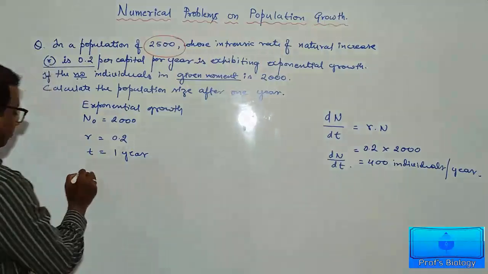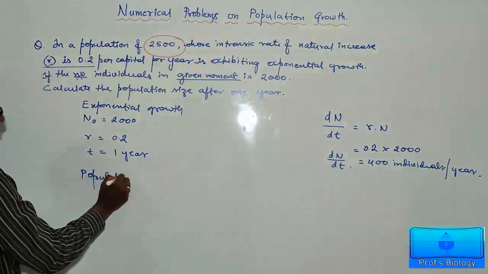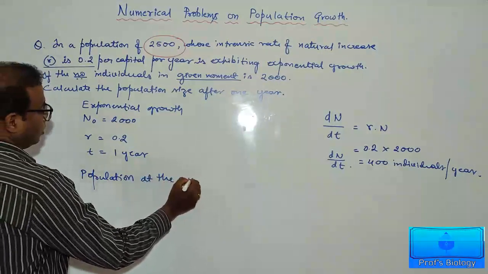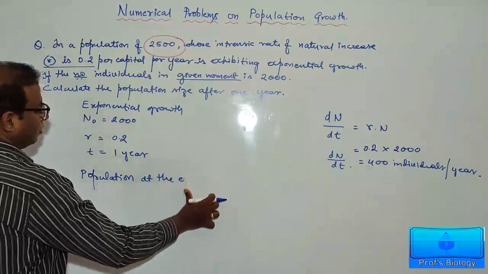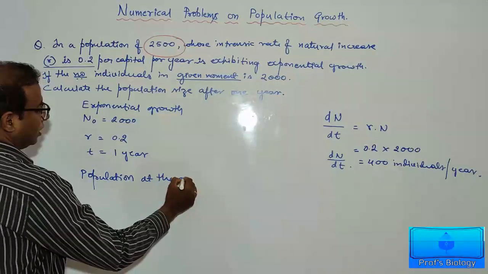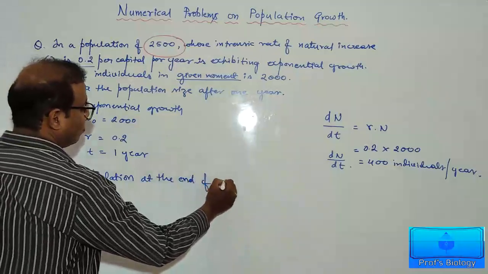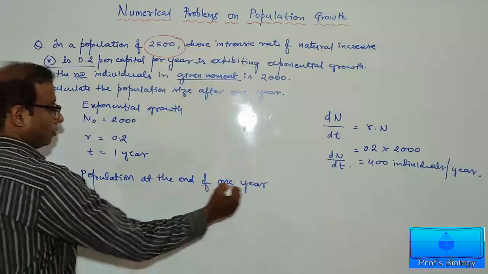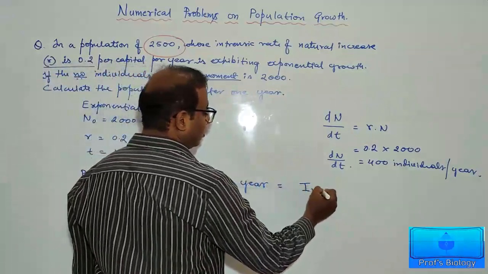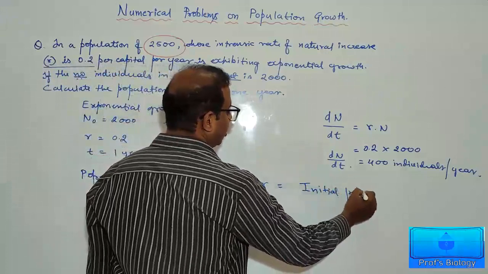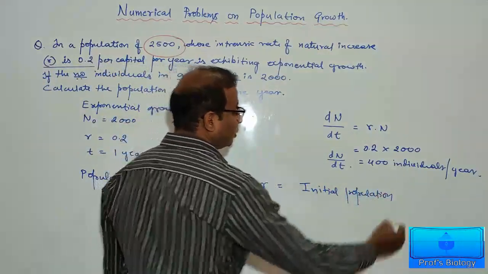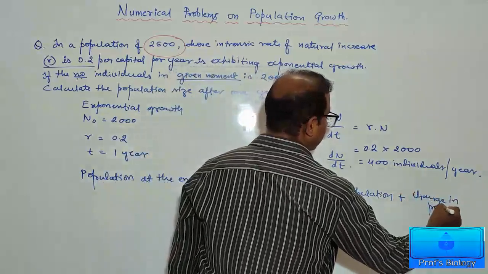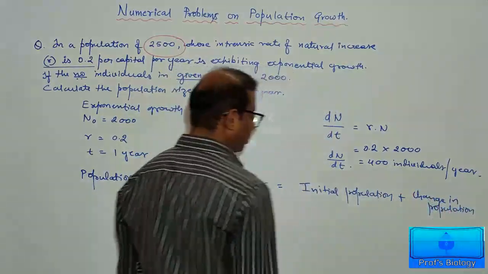So population at the end of 1 year is initial population plus change in population.